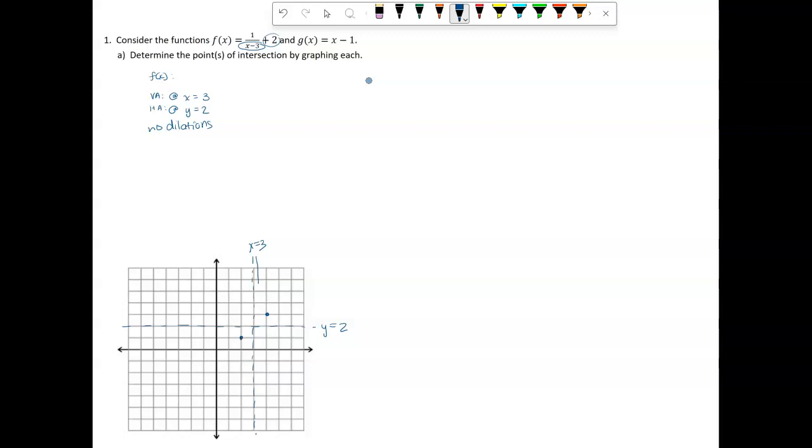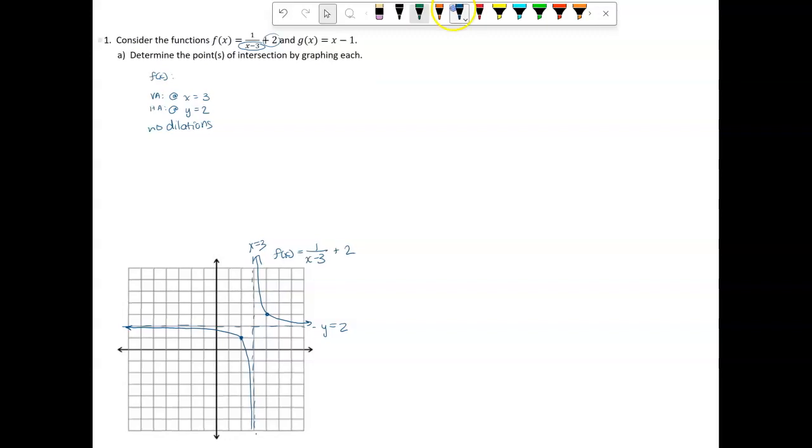So the curvatures will look something like this for the top right, and something like this for the bottom left. All right, and so this is my f of x graph, 1 over x minus 3 plus 2.